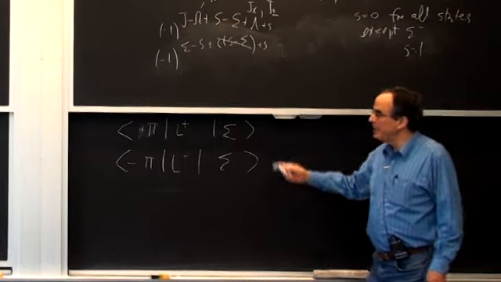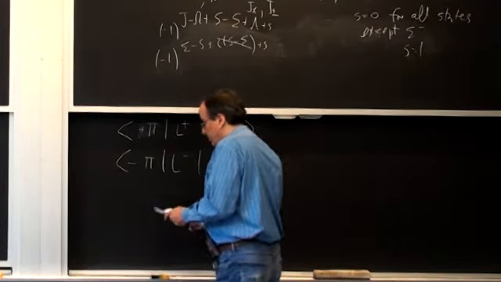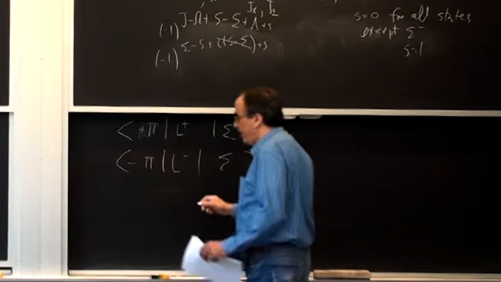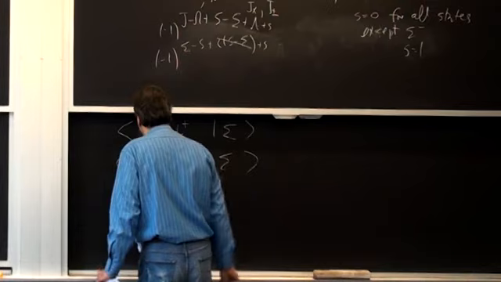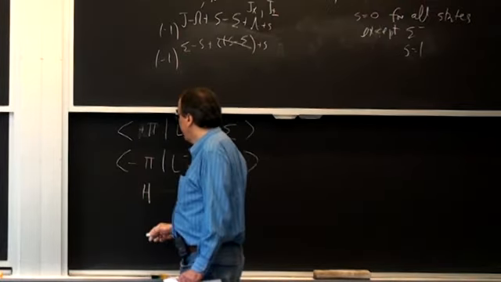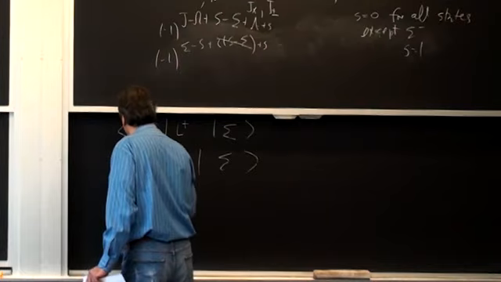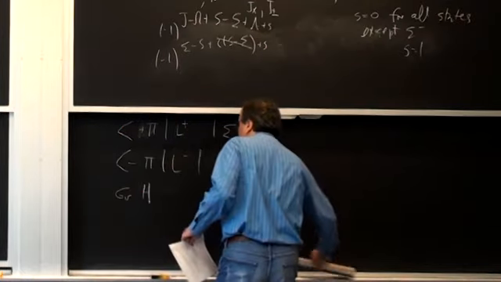So what is the relationship between these symbols? We have a matrix element of the Hamiltonian, and so this is a number.